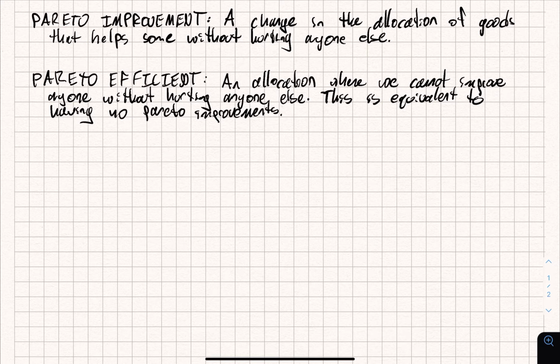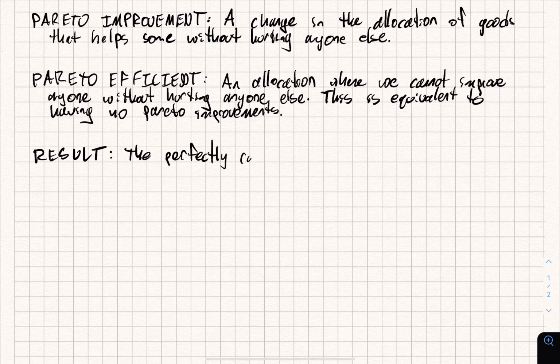So let's write this here as a result. A perfectly competitive market generates an allocation that is Pareto efficient.